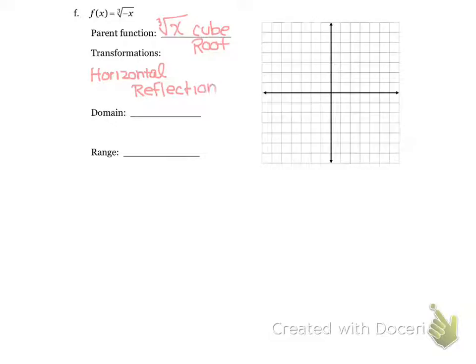So I'm still going to go through the origin of the cube root function, but instead of going through (1, 1), if I'm flipping horizontally, I'm going to go through (-1, 1), and instead of going through (-1, -1), I'm going to go through the point (1, -1). So horizontal reflection is over the y-axis. The domain of this is all real numbers, and so is the range.